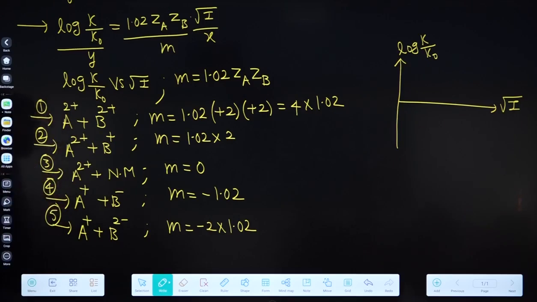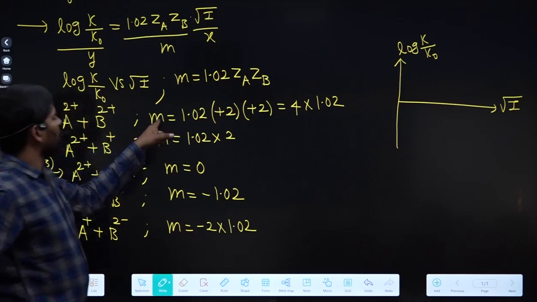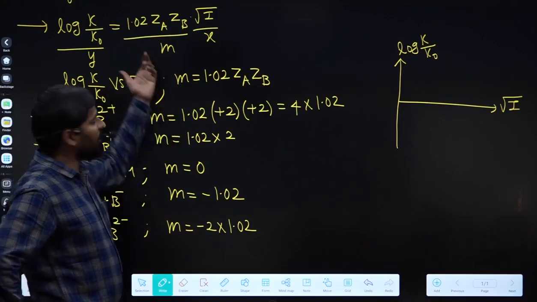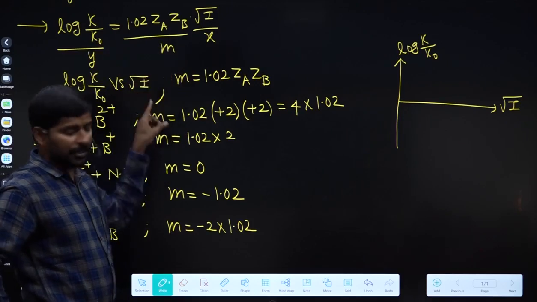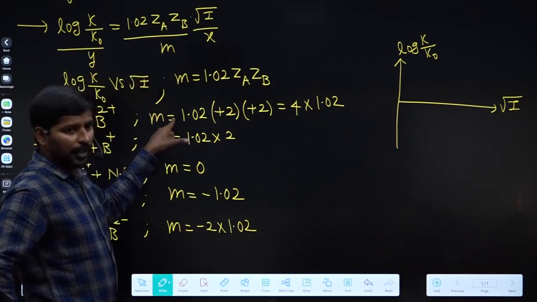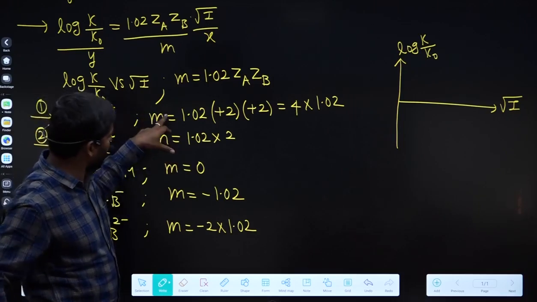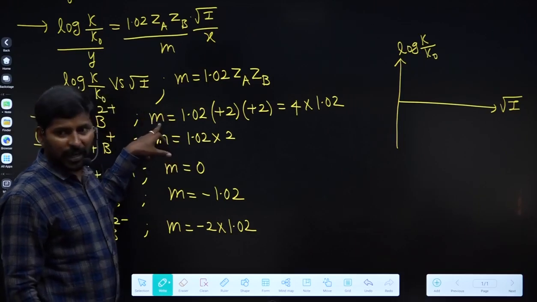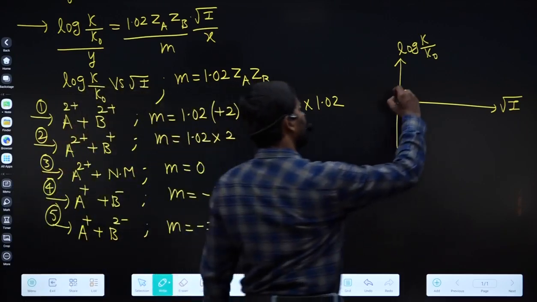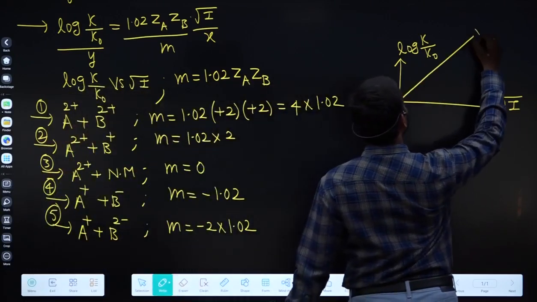What about the nature of the plot? In each case we will get a straight line passing through origin. Positive slope or negative slope? In the first case positive slope, and in the second case also positive slope, where the magnitude of slope is high in the first case.